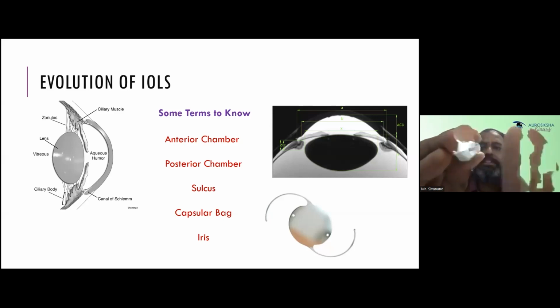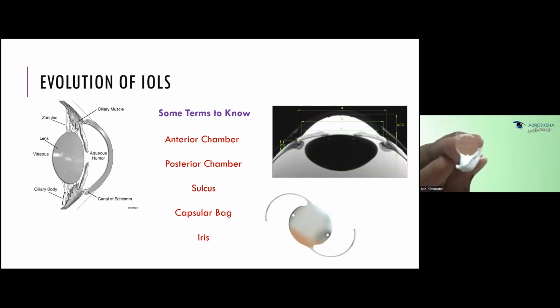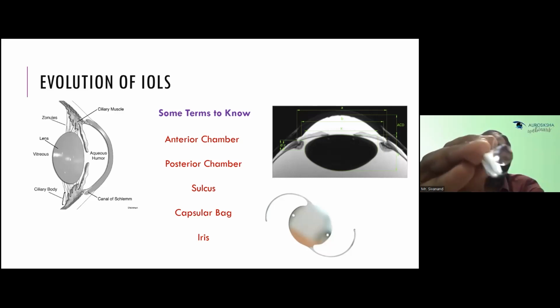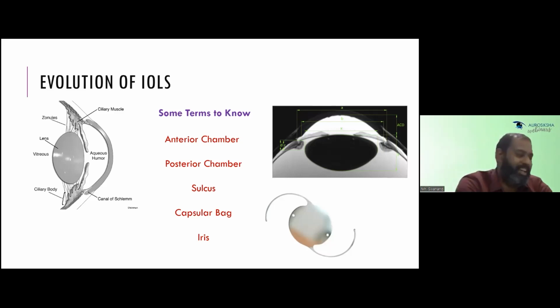Is it visible with my thumb and the lens? Because of the background it's not very clearly seen. This is with the thumb, this is without the thumb. Anyway, the idea is that it's very tiny and gets placed inside the eye.